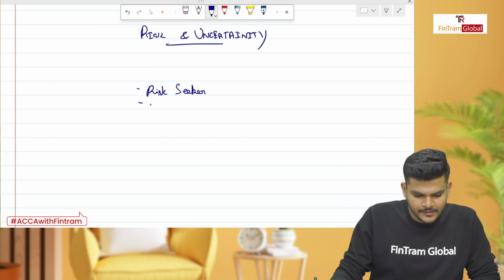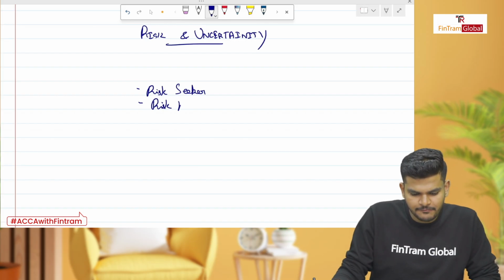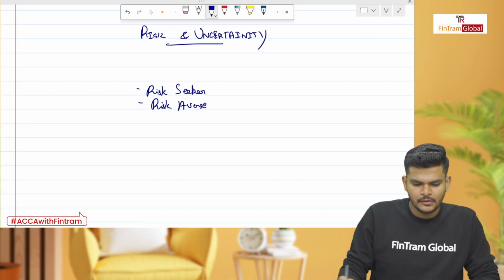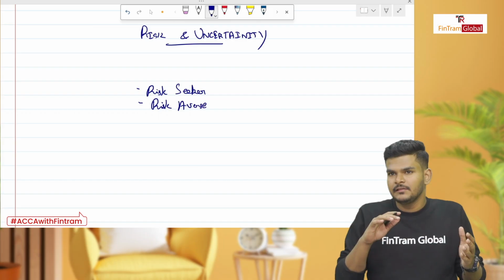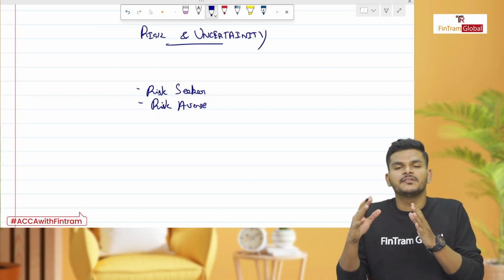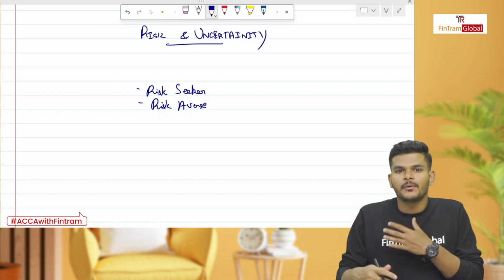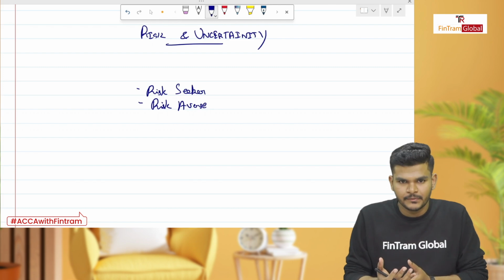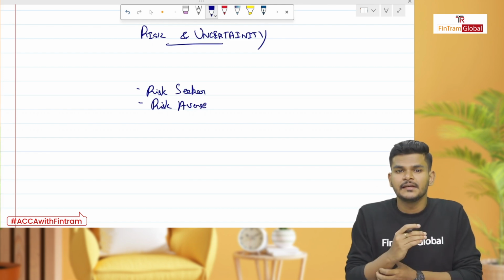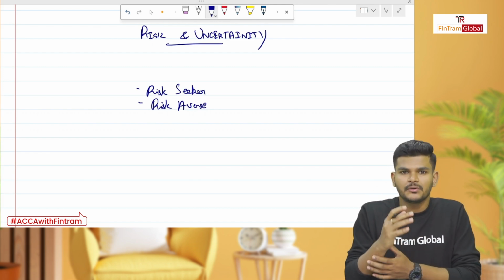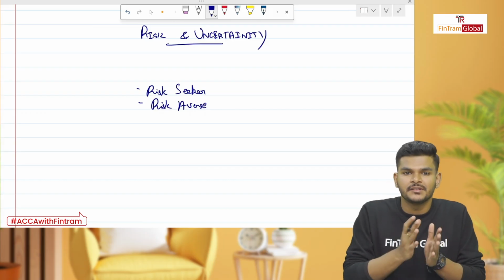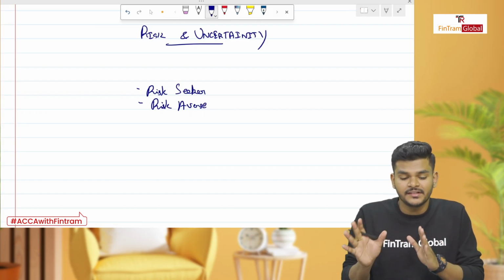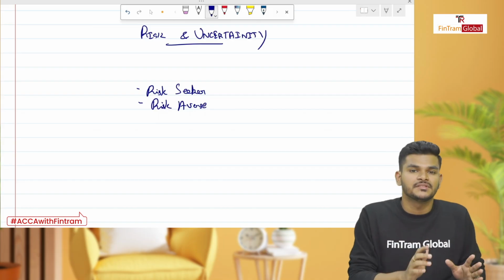And then there are risk averse individuals who do not like taking risks. So what these people do is they look for the low risk outcome, which can provide them with the maximum return. That's basically the alternative which a risk averse person would choose.